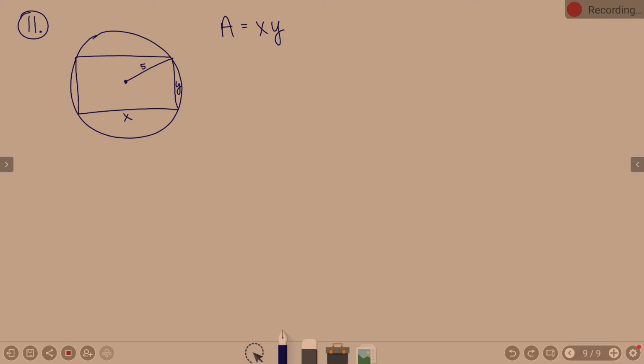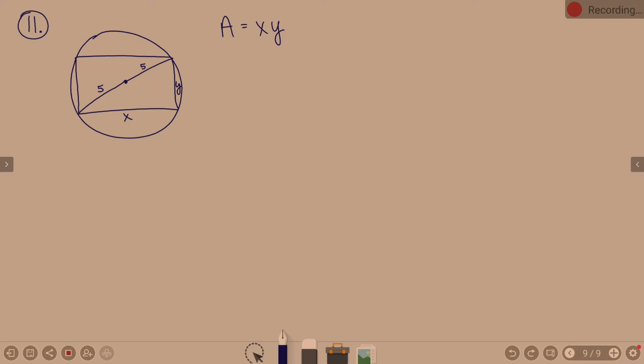Now, how are X and Y connected besides area here? Because I can't do my derivative and maximize this area when I have an equation in terms of X and Y. I need only X or only Y. And as you look here at this rectangle, what happens if I draw another 5 over here? What do you see in that rectangle?